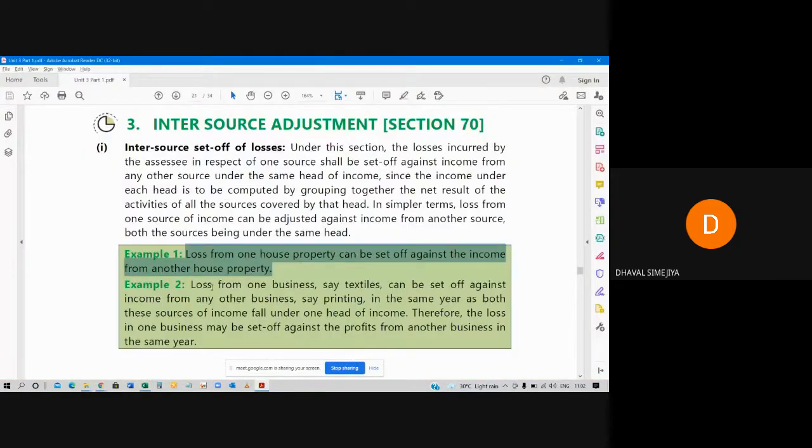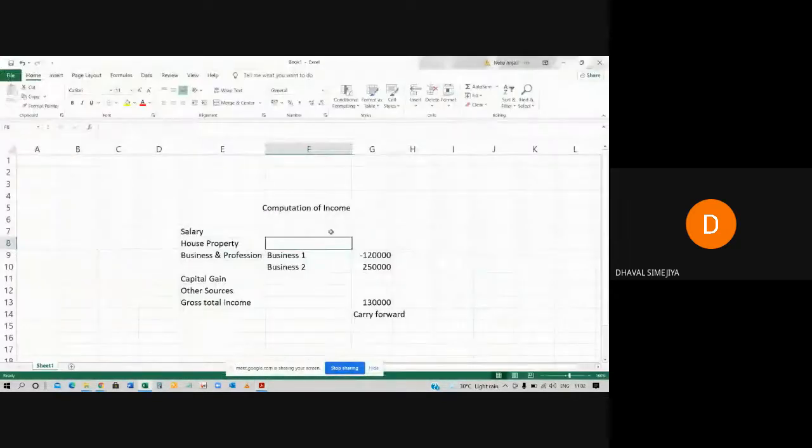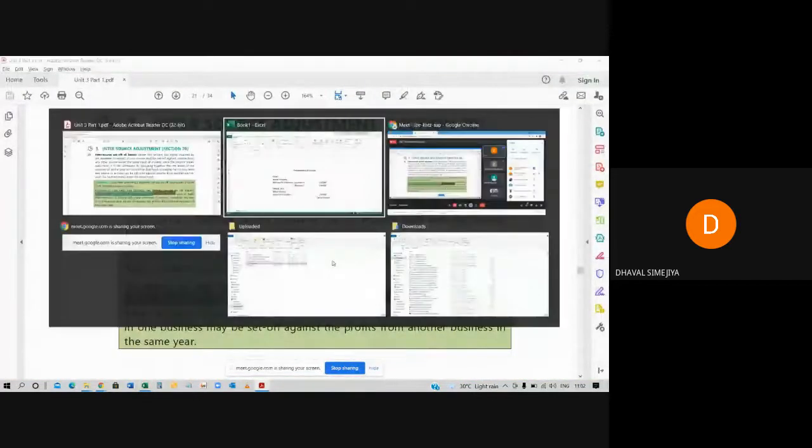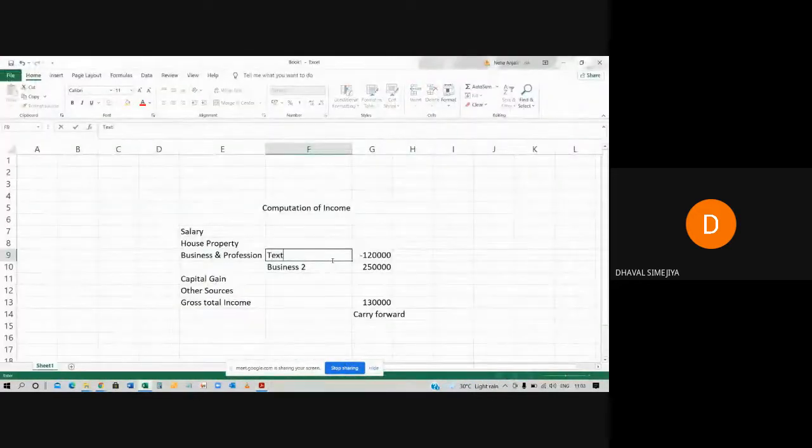One more example, loss from one business, say textile business, can be set off against the income of another business, let's say printing business, in the same year as both these sources of income fall under the one head of income. Now, here I have written business 1, business 2. Instead of that, let me write down textiles business. Here, printing business.